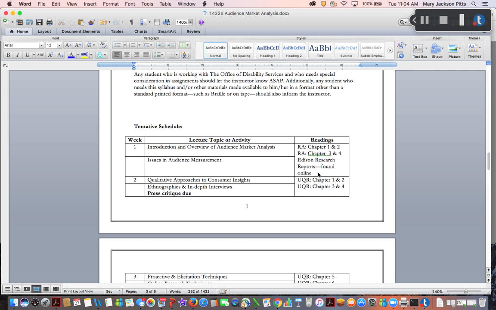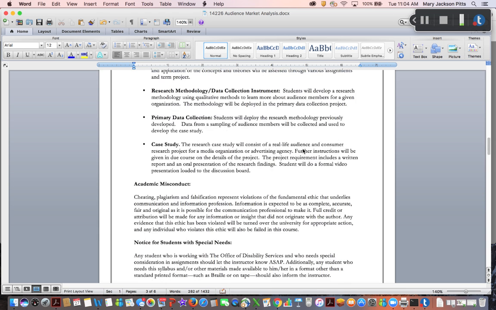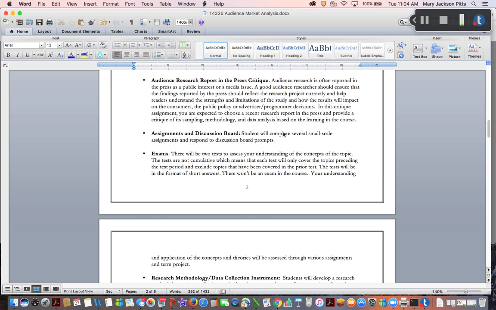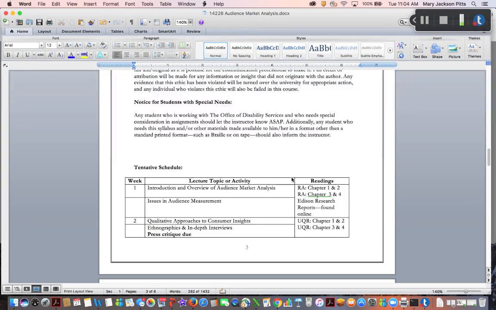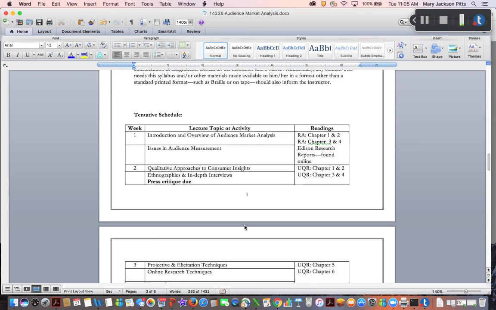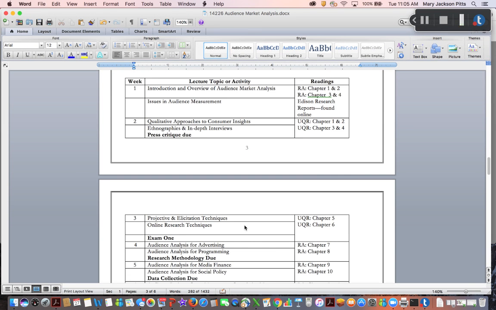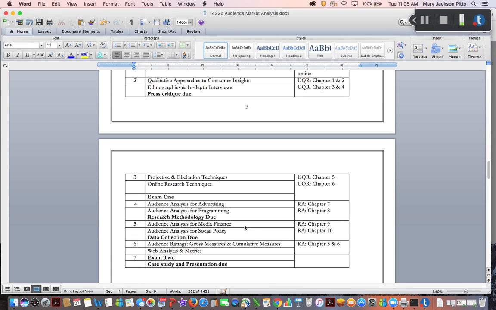And so all of these here are actually assignments that will go into this section right here, assignments and discussion board. And you'll be asked to write notes on each of these chapters. And those notes will actually help you as you're going through and preparing for the exams.